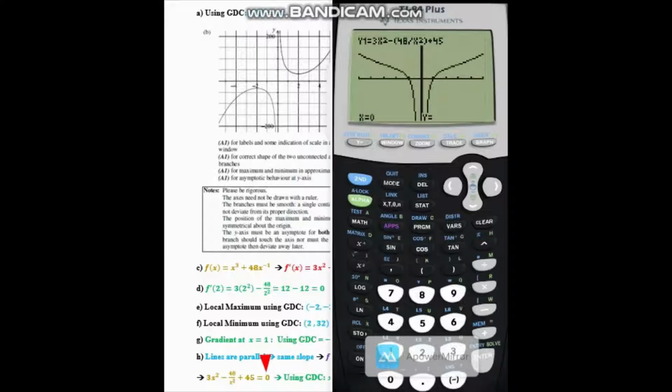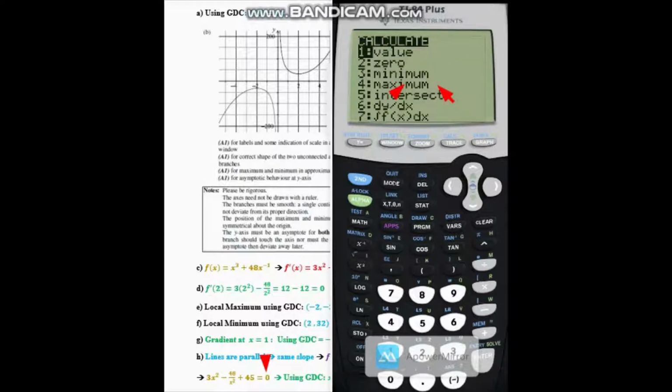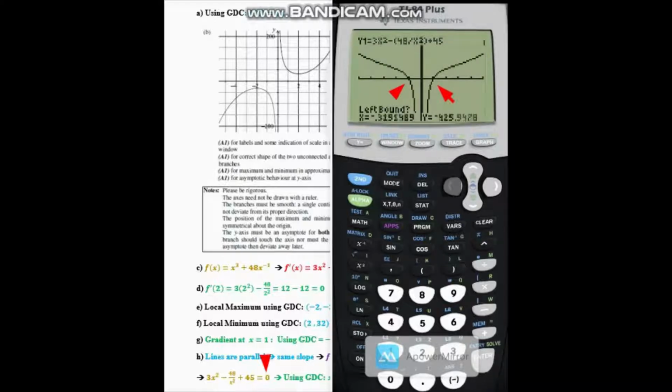So I'm looking for the x-intercepts. Of course, I can use the calculator to find them. Second trace 0, and the left bound is somewhere here, the right bound there, and the guess is here. So the first 0 lies at x equals negative 1.